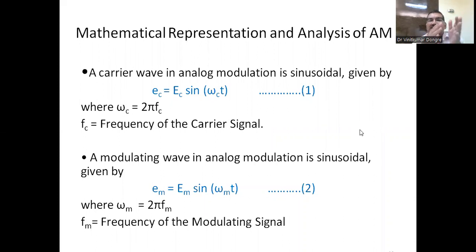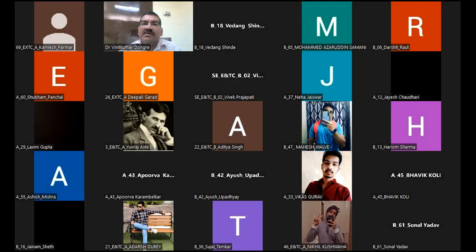Your speech frequency is from 300 hertz to 3.4 kilohertz. This speech signal is superimposed on the high frequency signal.